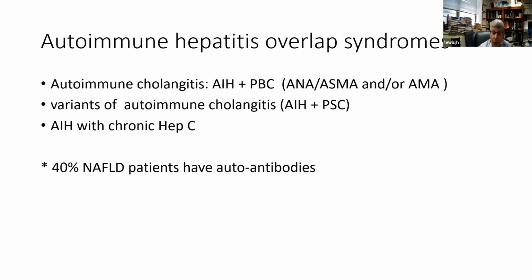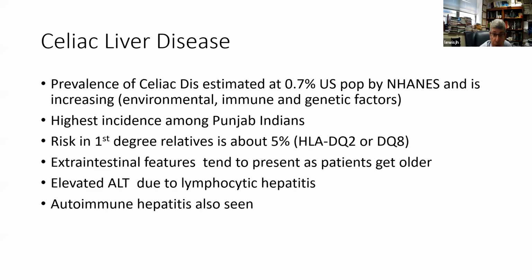We've seen it with chronic viral hepatitis and autoimmune hepatitis. But remember, 40% of fatty liver patients have the same autoantibodies, including AMA in some cases. And this is where we might need a liver biopsy to show the features of autoimmune hepatitis rather than just fatty liver alone in order to determine what they have.